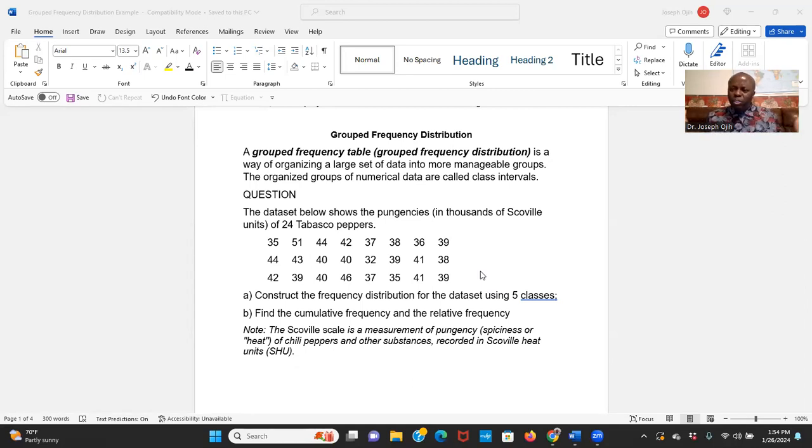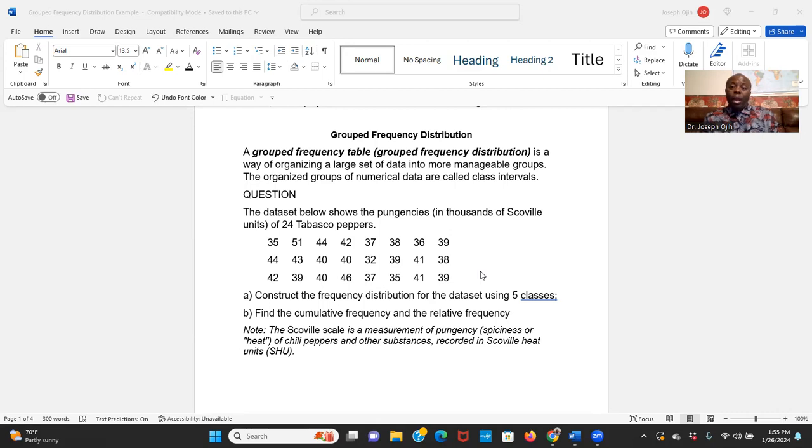First of all, what is a frequency distribution? Well, in a frequency distribution, we try to organize data sets into more manageable groups. So we have a frequency group and their corresponding frequencies. The groups are organized into different sets that we call class intervals, and then we count to get their frequencies.